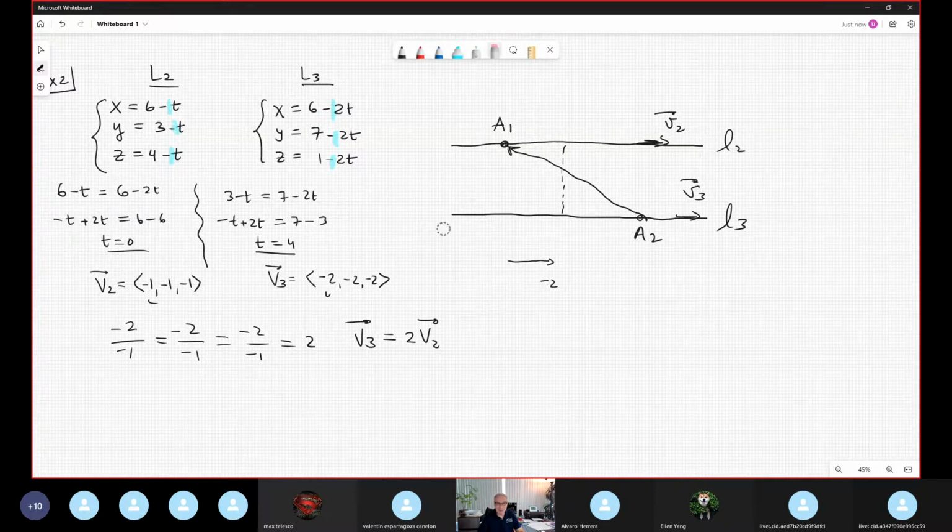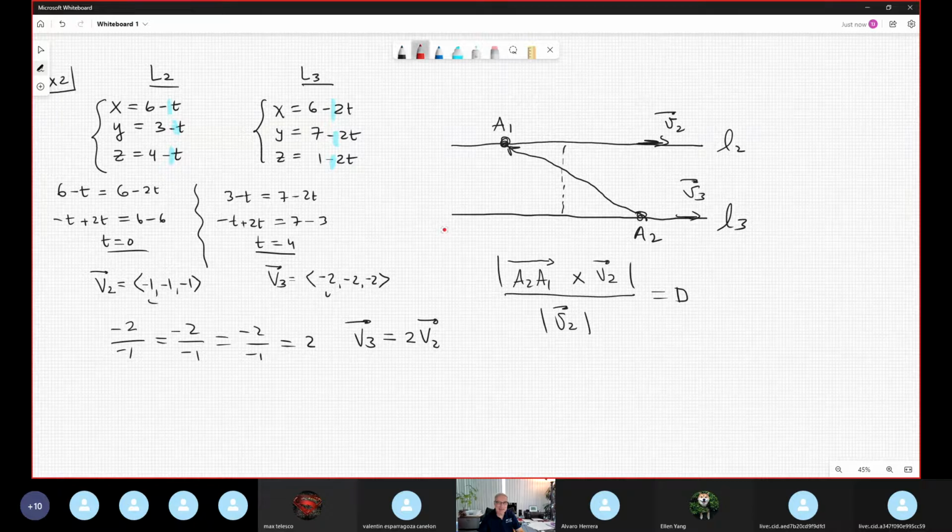I'm always in trouble with this. It's easy because you find one point on one line, one point on the other line, and you perform the cross product with B2 or B3, doesn't matter, divided by the magnitude of B2, and this gives me the distance D, that distance between the lines. Do you understand the strategy?